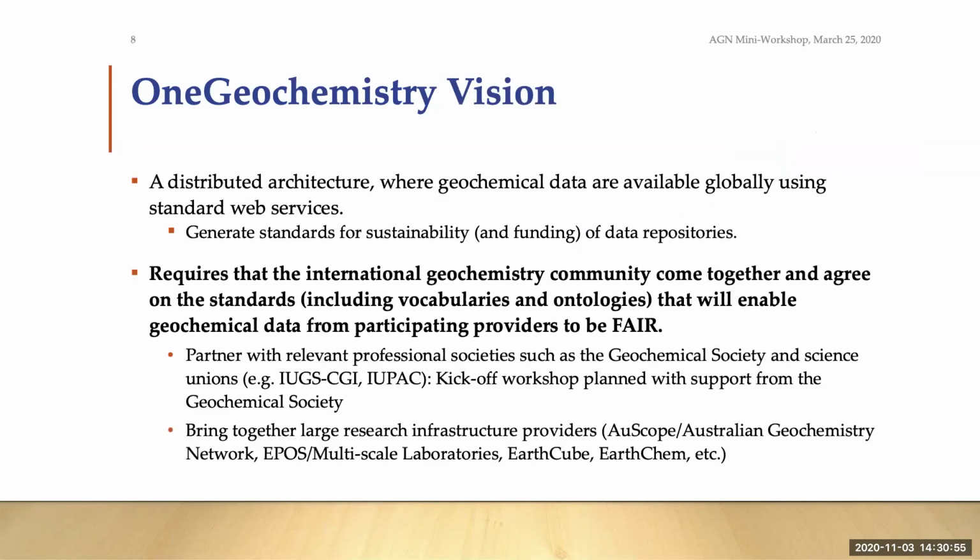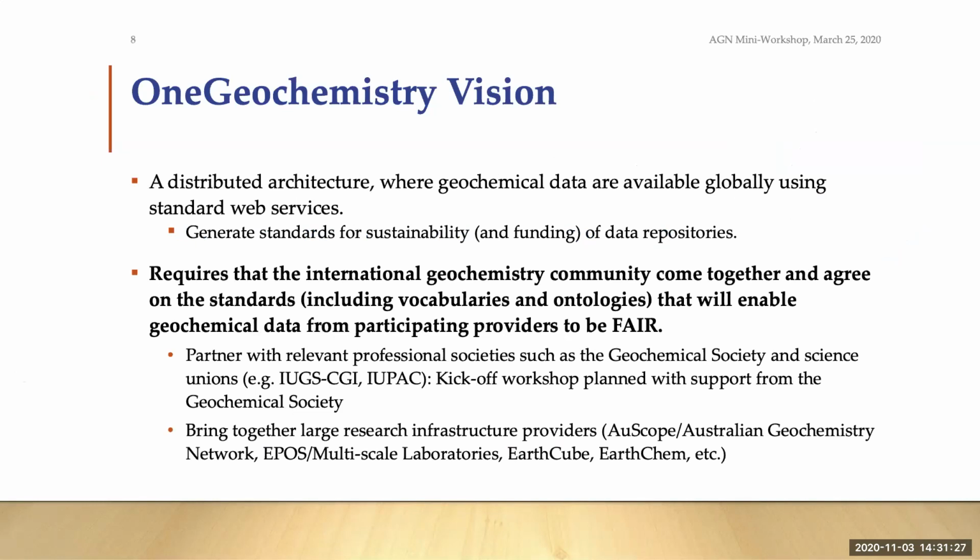Next slide, please. The One Geochemistry vision is that this would be a distributed architecture where geochemical data are made available from different providers by using the same standard web services. A big aspect of this is sustainability, because many of these small community data providers do not have the funding to operate with a clear sustainability plan.